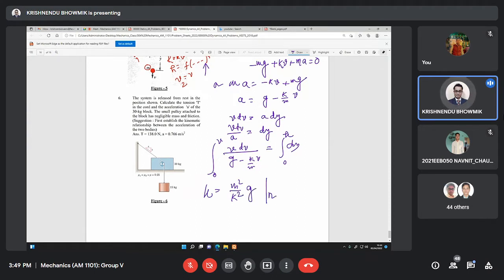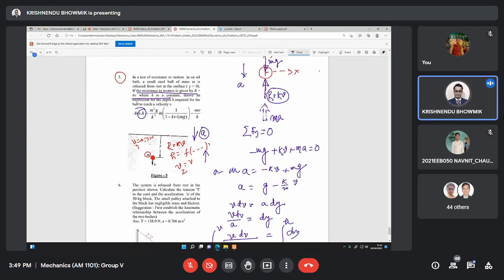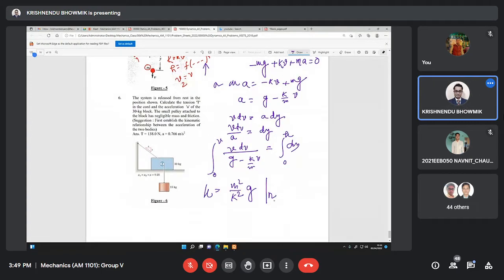This is basically ln, logarithm with respect to e, ln or log e, 1 minus kv by mg, minus mv by k. That answer you will get.